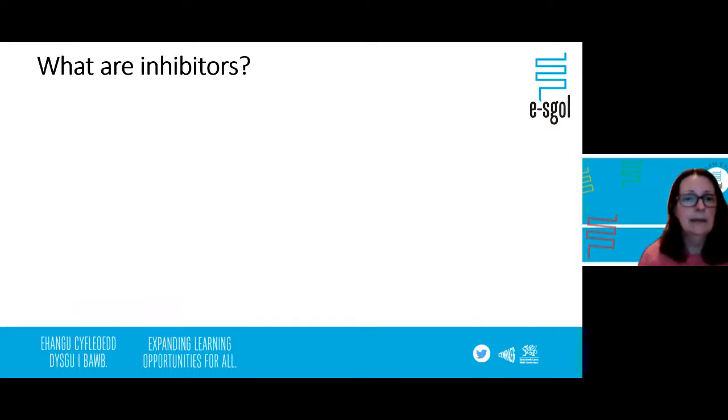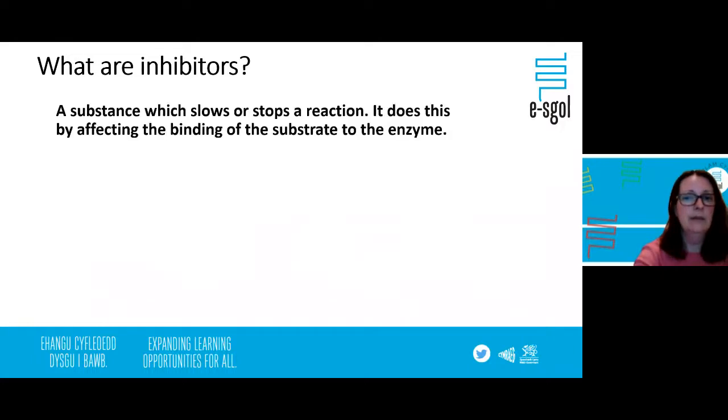Okay, so we mentioned a little bit about inhibitors, and there are different types of inhibitor. It's a key definition here that you might need to jot down and be aware of. An inhibitor is a substance which slows down or stops a reaction. And it stops the binding of the substrate to the enzyme.